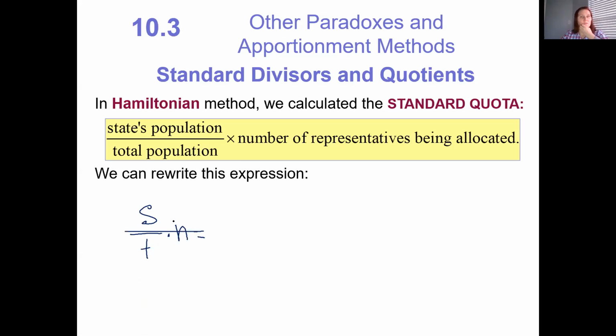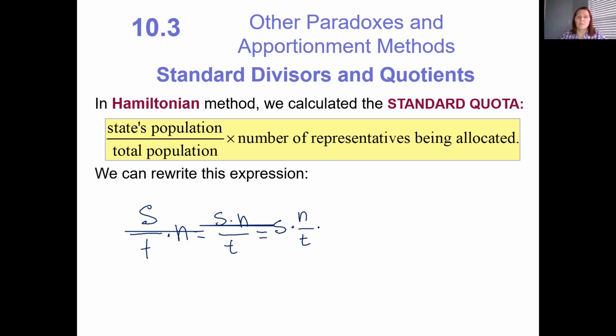When we multiply a fraction by a number, it means that we multiply the numerator by this number and divide by the total. We can also rewrite it differently: the state's population is multiplied by n and divided by t.